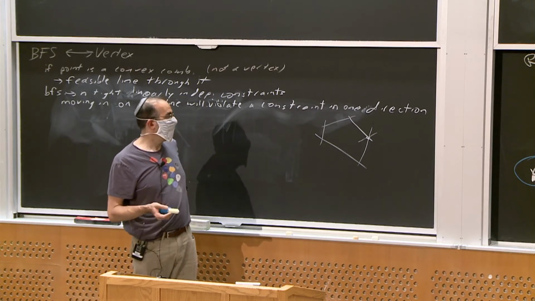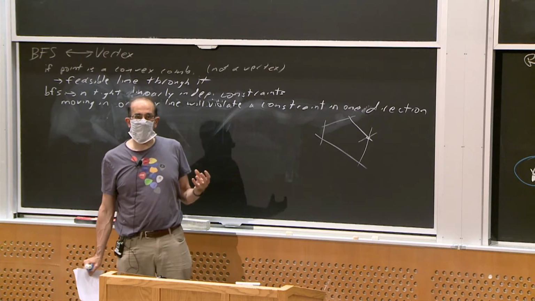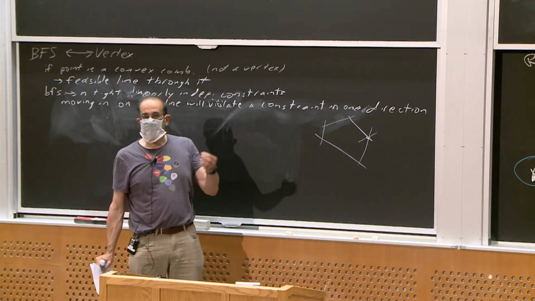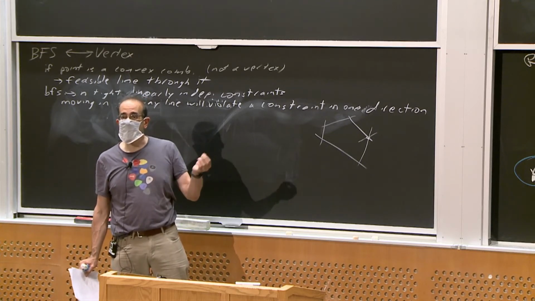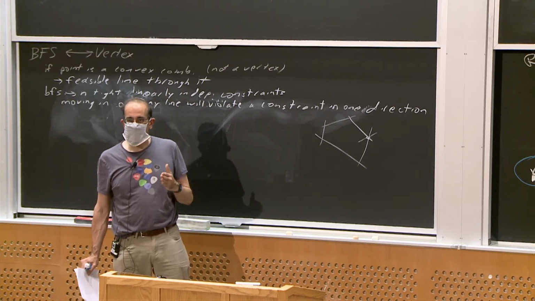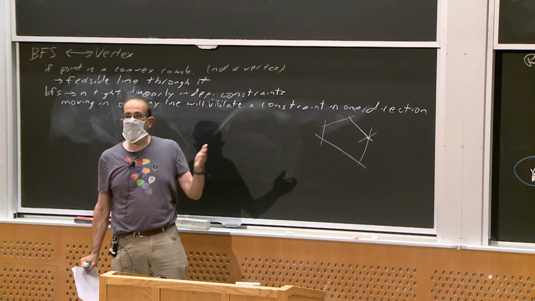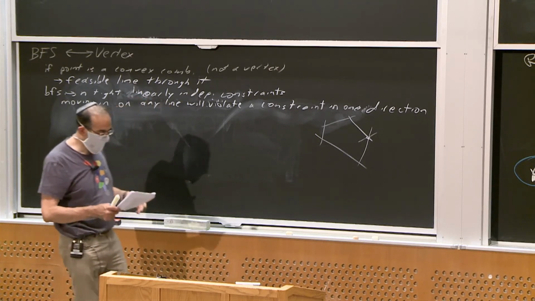Or to put it another way, if I have fewer than n tight constraints, then their intersection forms, say, a line. And I can move on that line and stay tight for all of those constraints, and therefore I won't violate any of them. But as soon as I put in one more constraint, that stops me from moving in one direction or the other on the line.